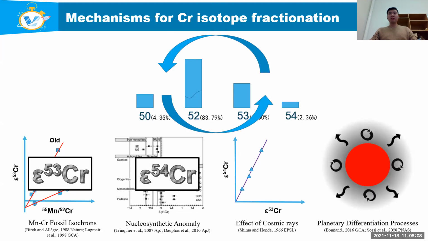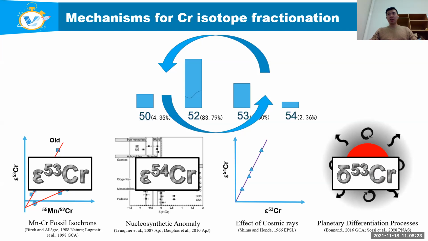Chromium is a siderophile and volatile element, so it can be used to trace planetary differentiation processes like volatile depletion, core formation, and magmatic processes. Here we use delta 53 chromium to represent the mass-dependent chromium isotope fractionation.